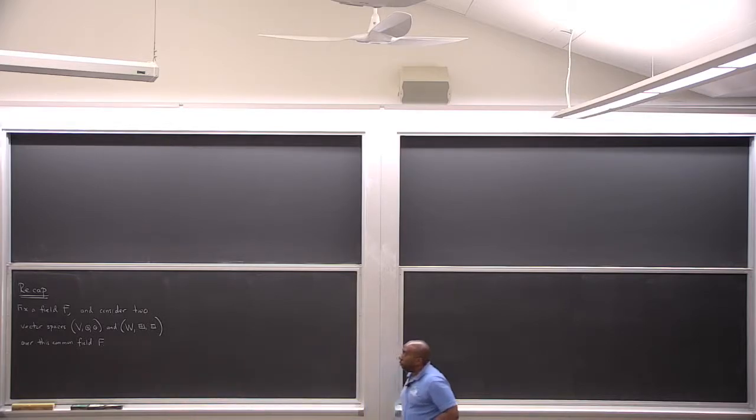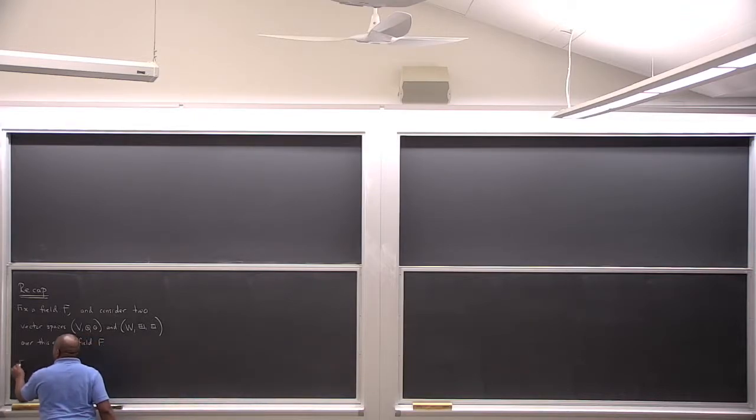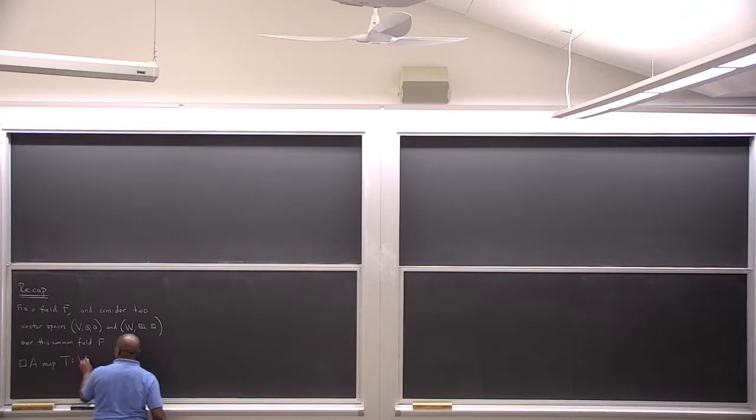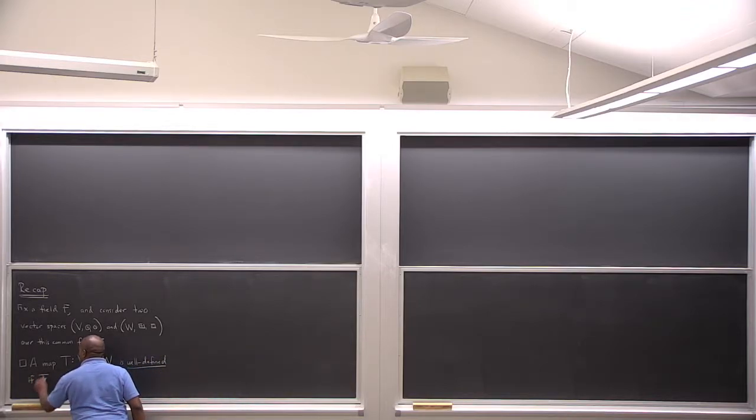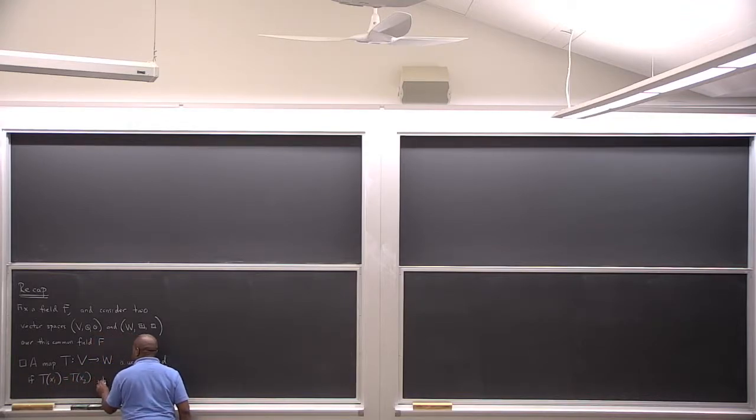So I want to remind you of a few different concepts here. First, remember that a map, which we'll call T, going from V to W, we say that this is well defined if T of x1 equals T of x2 whenever x1 equals x2.